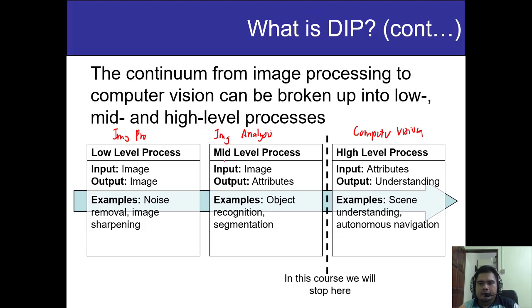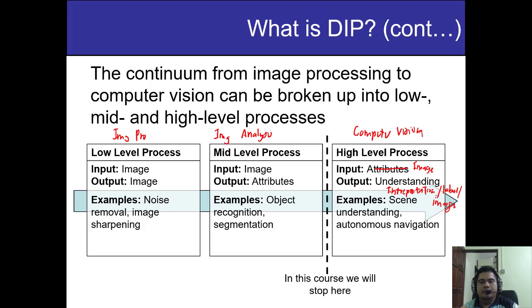Sorry, this is what has been defined by the Gonzalez textbook, but I would like to highlight the definition that I took from another source, where for computer vision the input should be an image, and the output is the understanding or interpretation, or it can also be the label of the image or the name of the image.